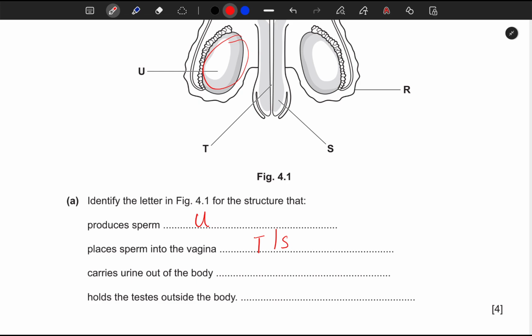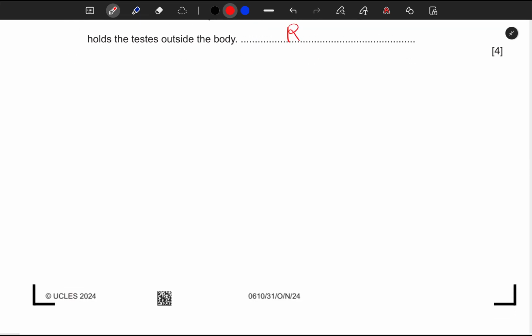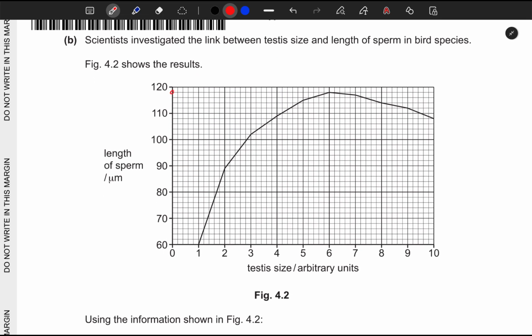Next question says, carries urine out of the body, that is the urethra there, T. It holds the testes outside the body, that is the scrotum, this part here, that is R. Okay, moving on to the next question.